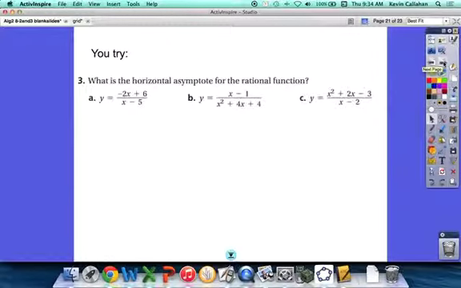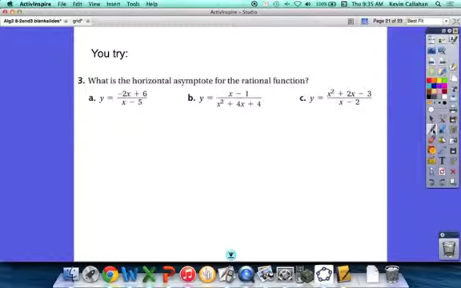So here's the last one. Go through quickly here. Which one has no horizontal asymptote? What are you looking for? Numerator bigger or the same?